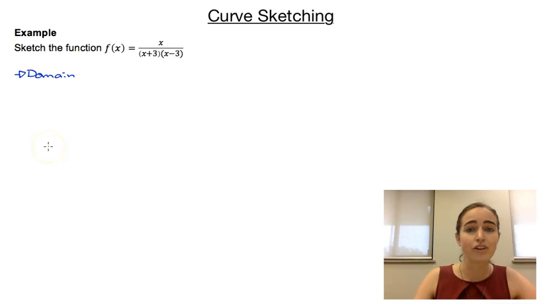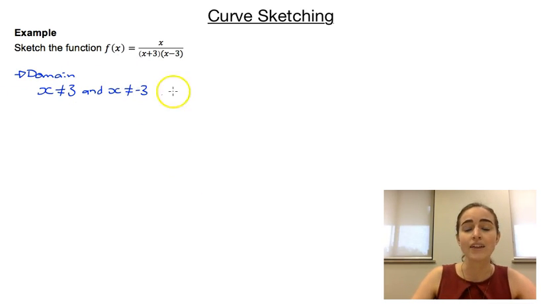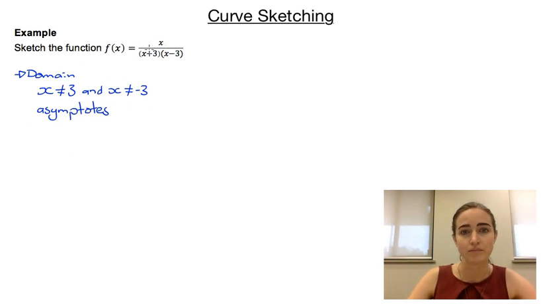But any other value of x that we put in there will work. So our domain is x cannot equal 3 and x cannot equal minus 3. So what it means is that at those two x values, we actually have asymptotes. So that's going to come in handy in a little while.